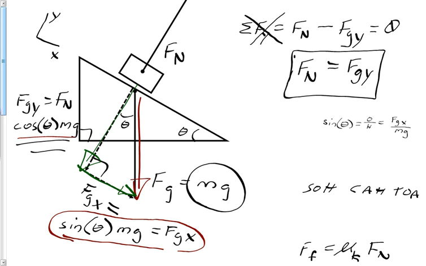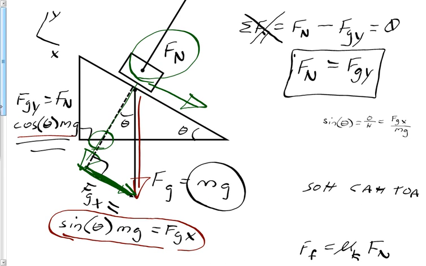Remember that the one that is perpendicular to the plane is equal and opposite to the normal force. And the one that is parallel to the plane is equal to the force of gravity in this direction, the one trying to pull it down the plane. We can say that the cosine of angle theta times mg is perpendicular to the plane, while sine theta times mg is the one that is parallel to the plane.